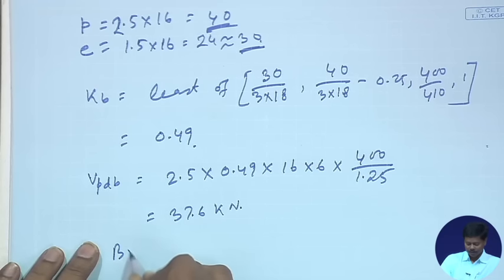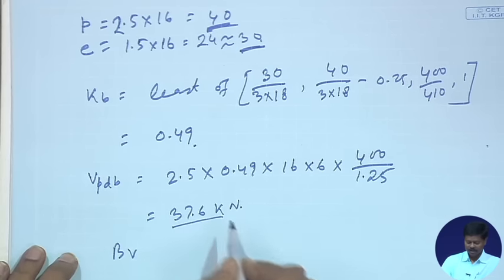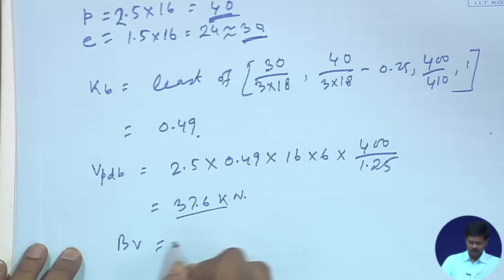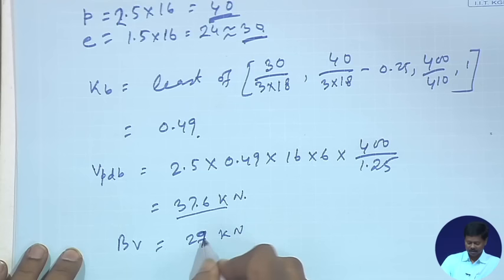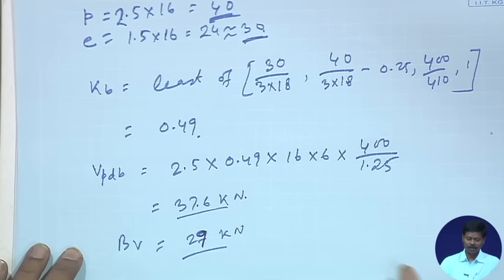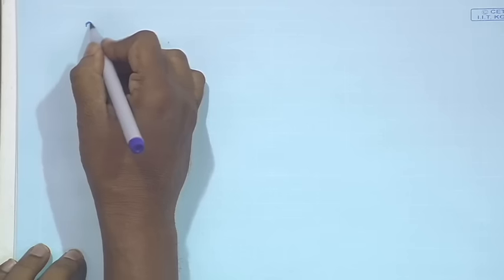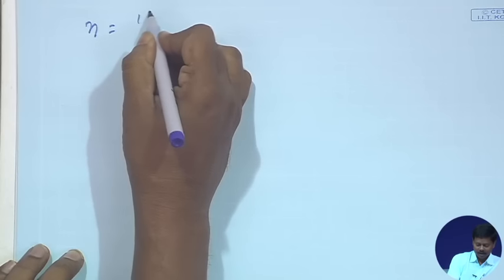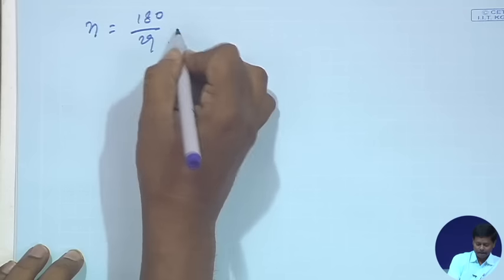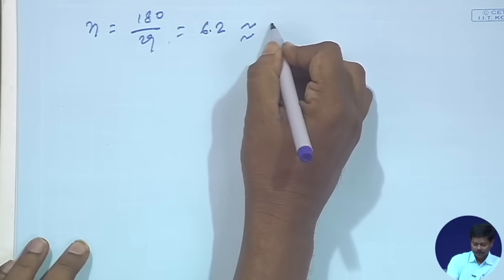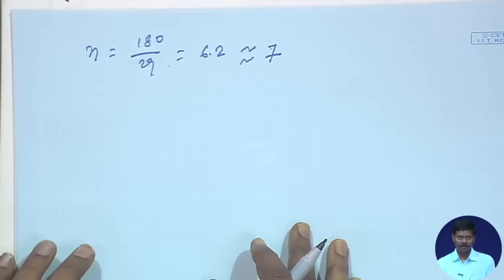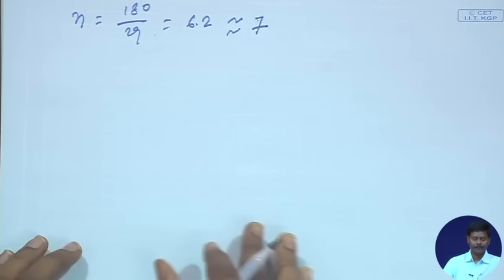So, bolt value will be lesser of this VDSB and VDPB, that will be 27 kilonewton, 29 kilonewton, right. So, if bolt value is 29 kilonewton, then number of bolts required will be 180 divided by 29, this 6.2. So, this is coming 7. So, 7 number of bolts are required, right.